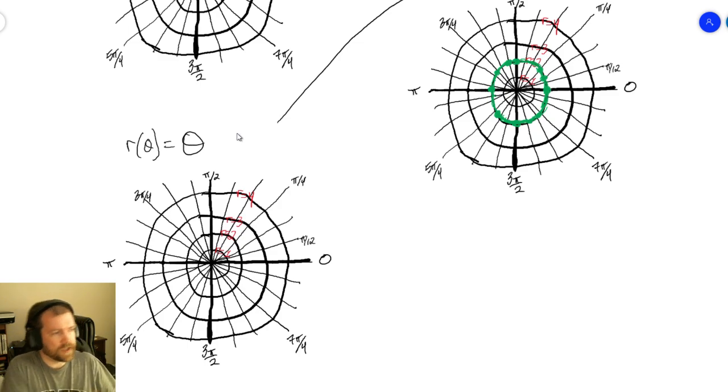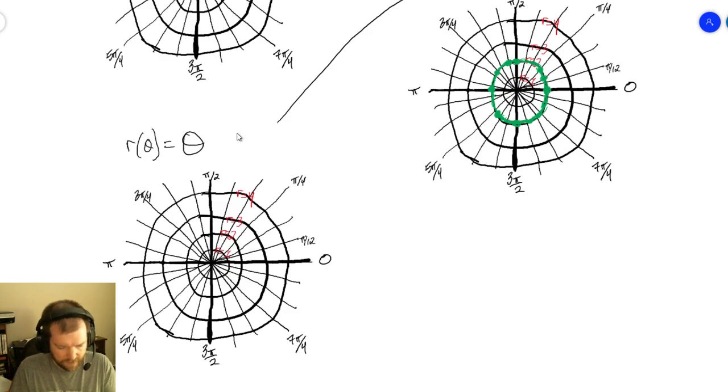The output is just equal to the input. In this particular case, our output r is going to be equal to our input theta, but this makes it a little bit weird because the output r is a radial direction and the input theta is an angular direction. So now these are two completely different sorts of things.